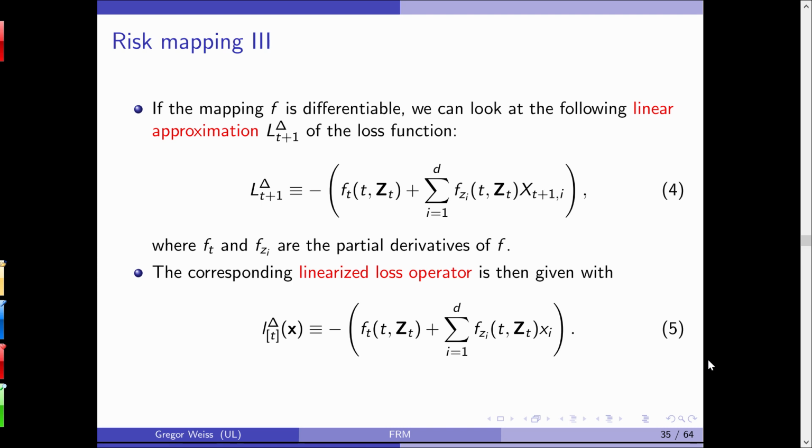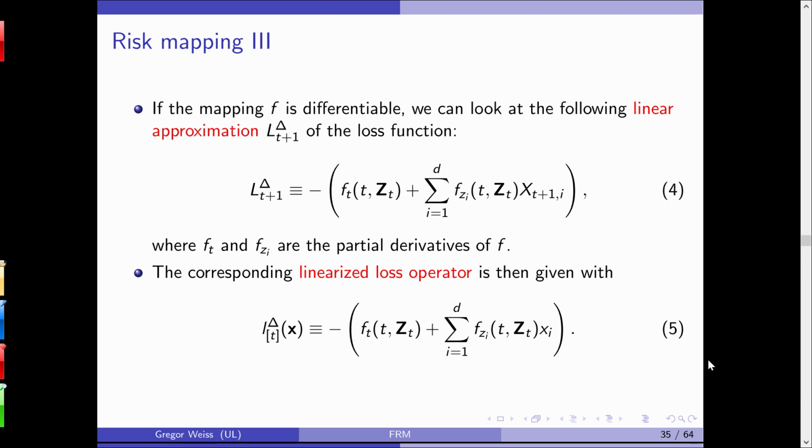It's quite simple to do this. Simply take the function f and calculate the total differential. You will have to use all the partial derivatives, and you can see that this is in fact a linear function. It's a linearization of f and of the loss function, and you can see that it is now quite simple to estimate the losses if you have the partial derivatives of the pricing function f that depends on the risk factors.